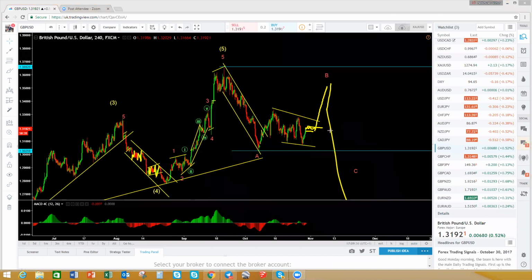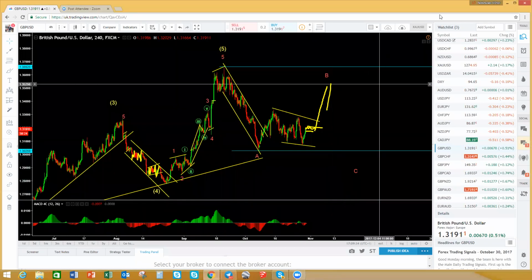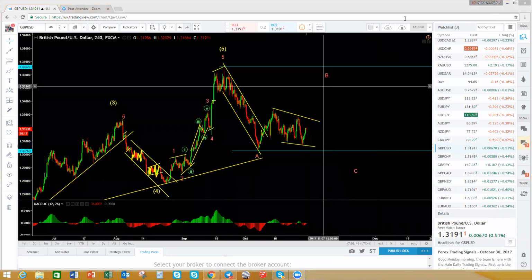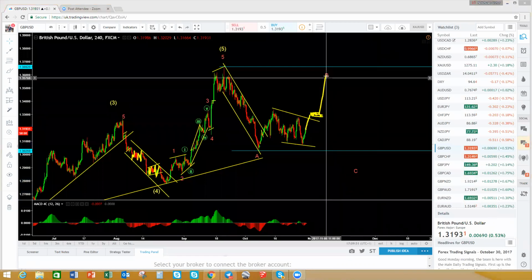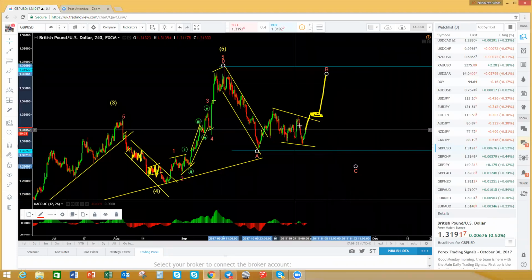Okay, let's do this. Clear it up. All right, so we still need to complete that wave B. Should do something like this, break out of this correction. If it gives us a flag like this, we know short term the pound is a bit strong. Okay.